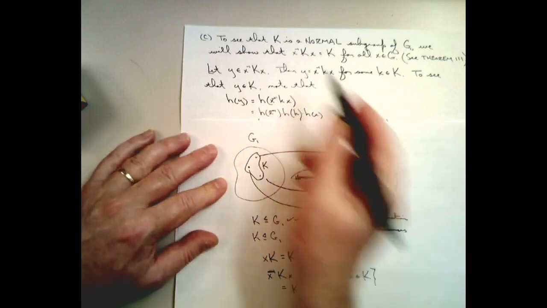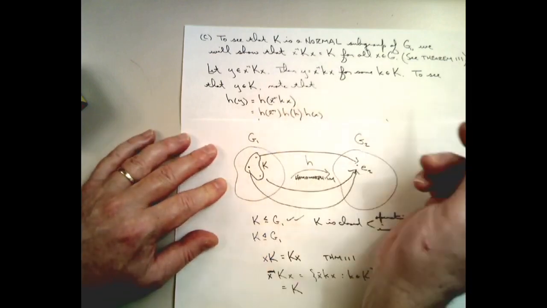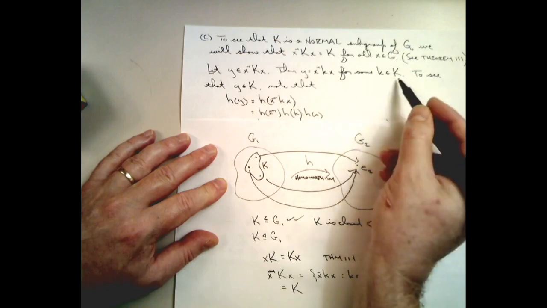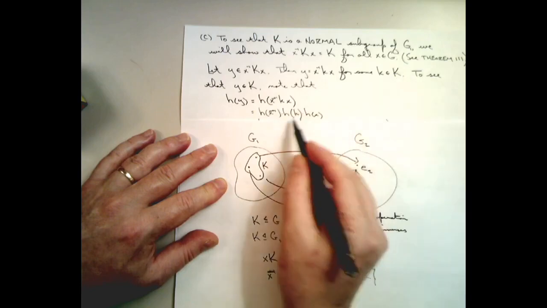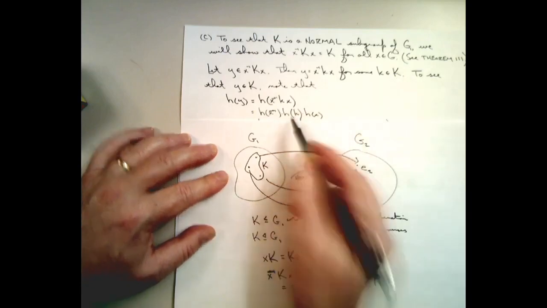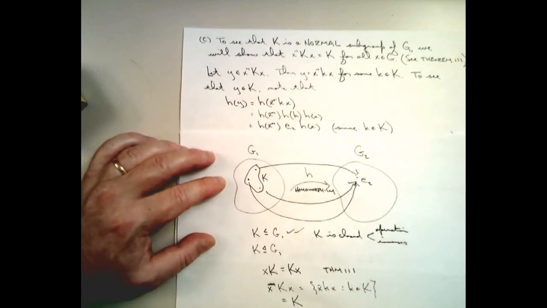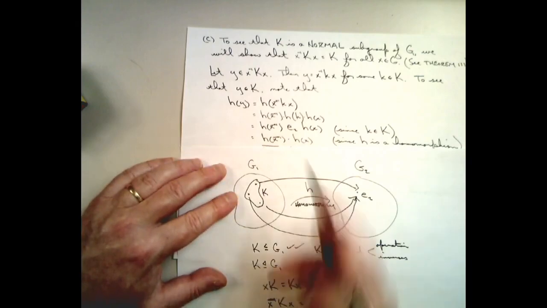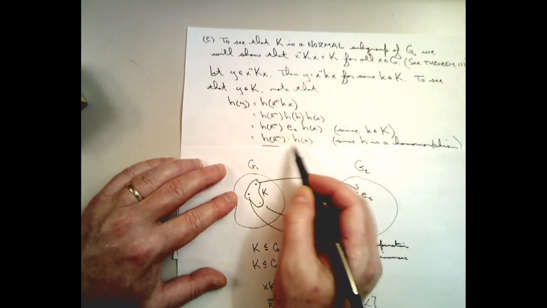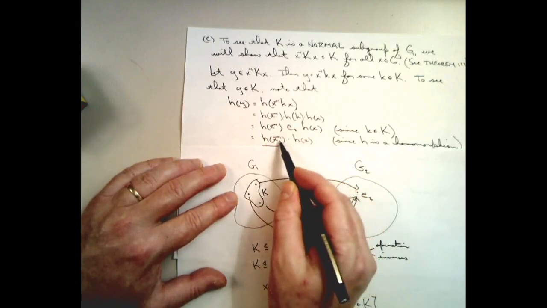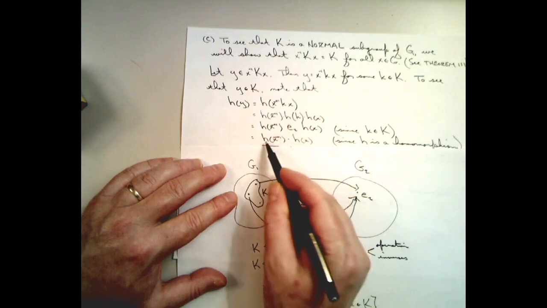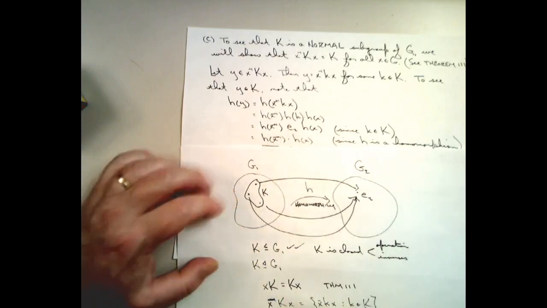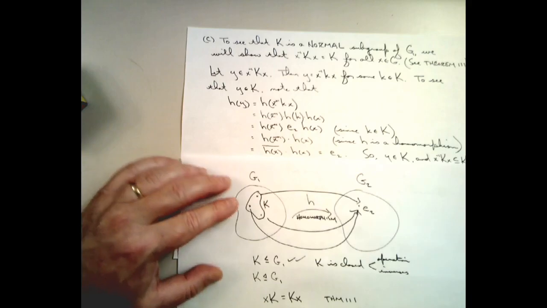But keep in mind, k is in our vanishing set. So h of k is the identity element, right? So h of k isn't going to contribute anything to my product. And so I can write this as h of x inverse times h of x. But as we've just noted, the inverse of x gets sent to the inverse of h of x.